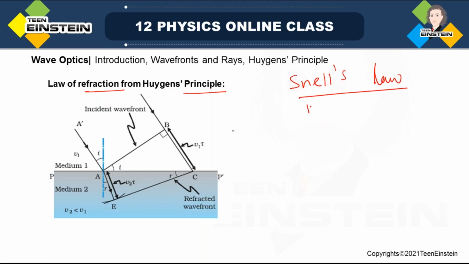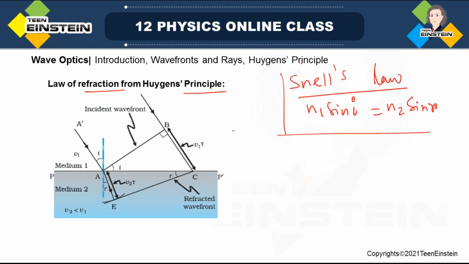So let me write Snell's law, n1 sine theta 1 in the first medium, and n2 sine theta 2. Instead of theta I'm writing angle of incidence i, n1 sine i, and n2 sine r. So r for refraction, i for incidence.